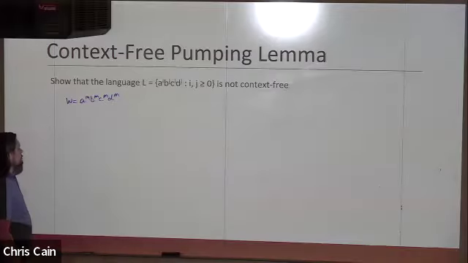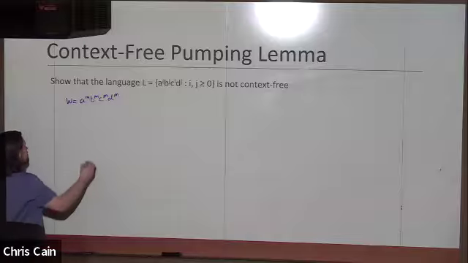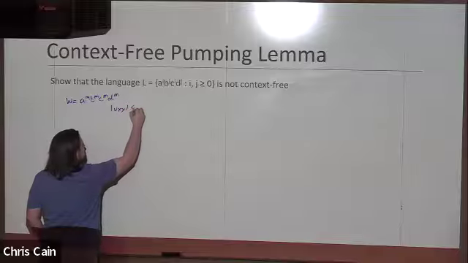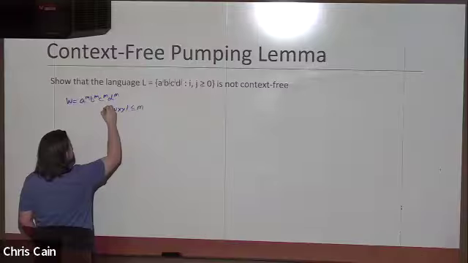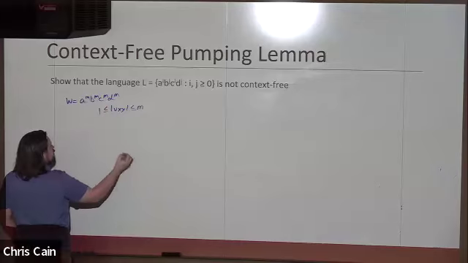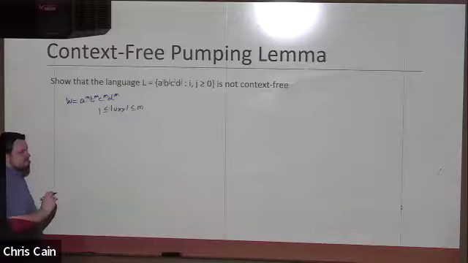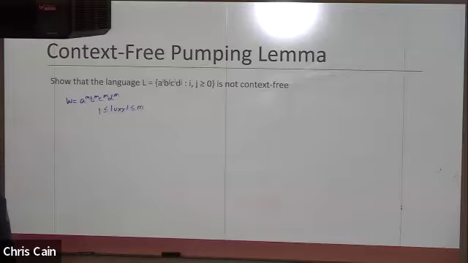And then, because the length of VXY must be less than or equal to N, and the length of VY must be greater than or equal to 1, VXY must be contained within those substrings. Right. And either all A's, all B's, all C's, all D's, or a single overlap: A's and B's, B's and C's, or C's and D's. Yeah, so we end up with 7 cases.